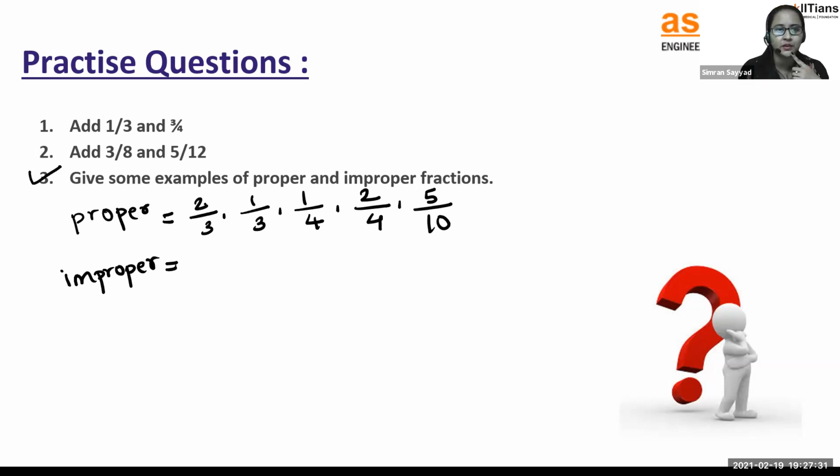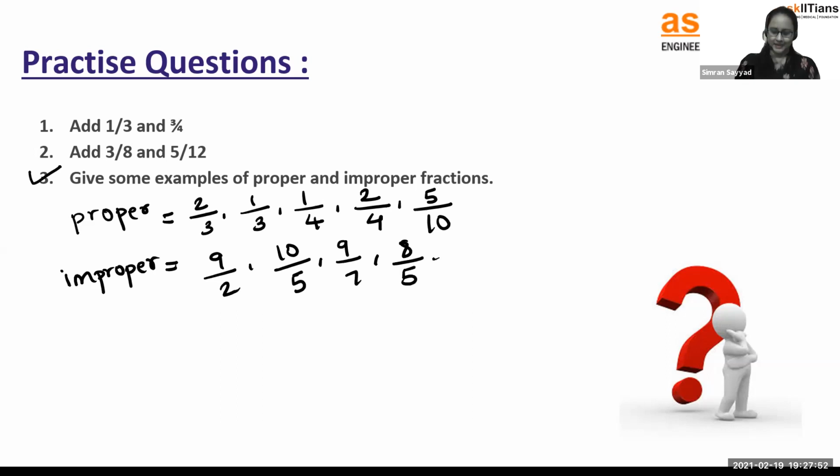Now everywhere you can see that the numerator is less than the denominator. Numerator is less than denominator. And what about the improper? Okay, great. I have understood that you all have understood the difference between proper and improper fractions.